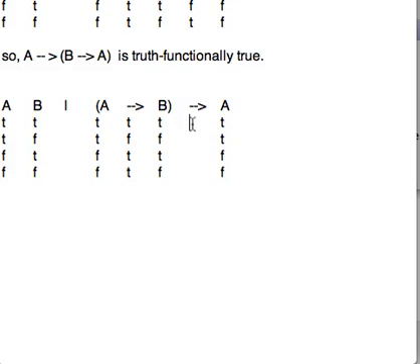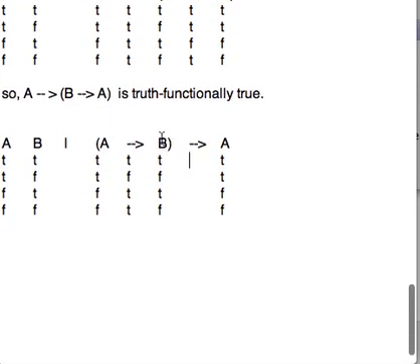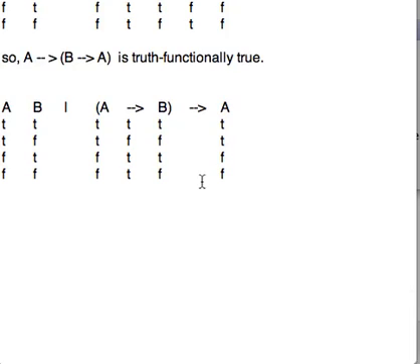So now let's evaluate this material conditional. What we're looking at are the left component and the right component. Unlike in the last scenario, where the right component was a complex sentence and the antecedent was an atomic sentence, here the antecedent is a complex component and the consequent is an atomic sentence.